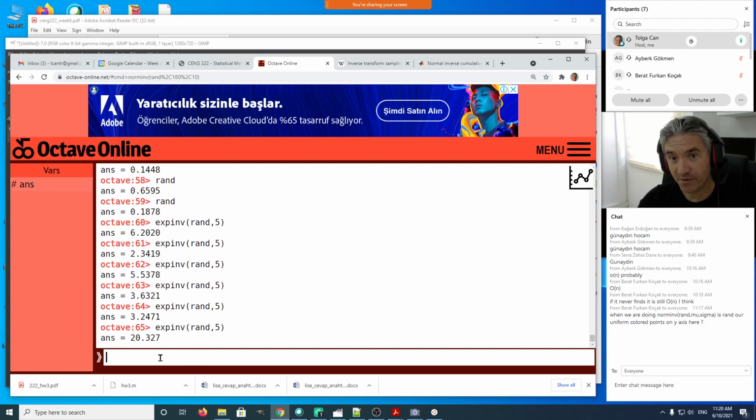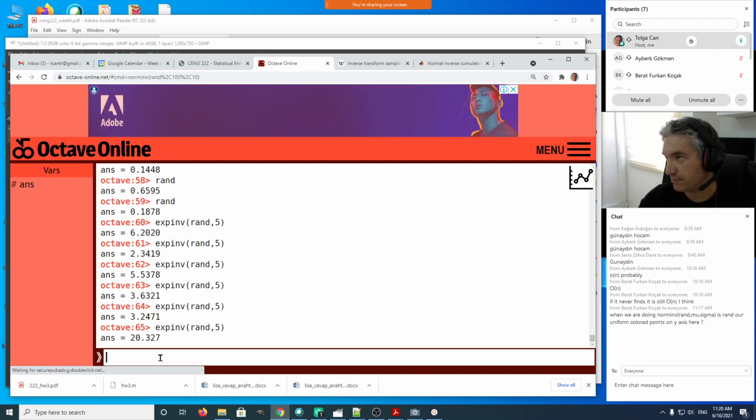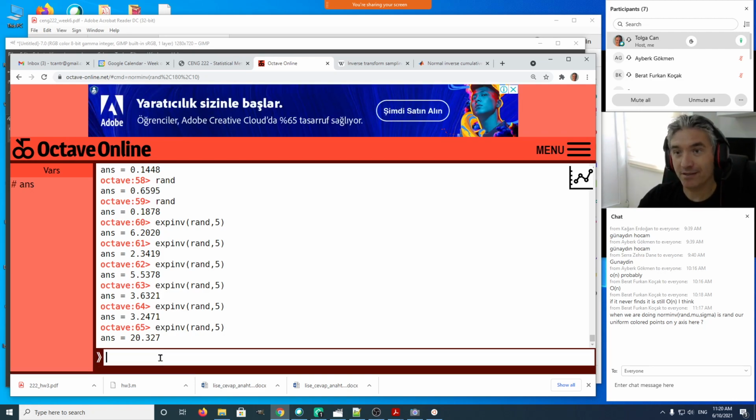This will be really good also in a game, for example, if you try to simulate the time until the next enemy comes. Depending on the difficulty level you have chosen, each of these lambdas may correspond to different difficulty levels. The time until next enemy, 1 minute or 1 second.